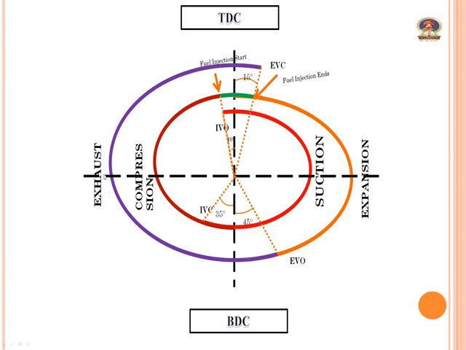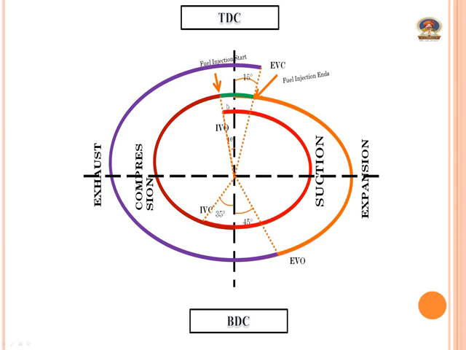After that, the exhaust stroke starts when the piston reaches BDC. The piston moves from BDC to TDC, and when the piston reaches TDC the exhaust stroke ends, but we still keep the exhaust valve open for removing all the burnt gases from the cylinder with the help of fresh charge.